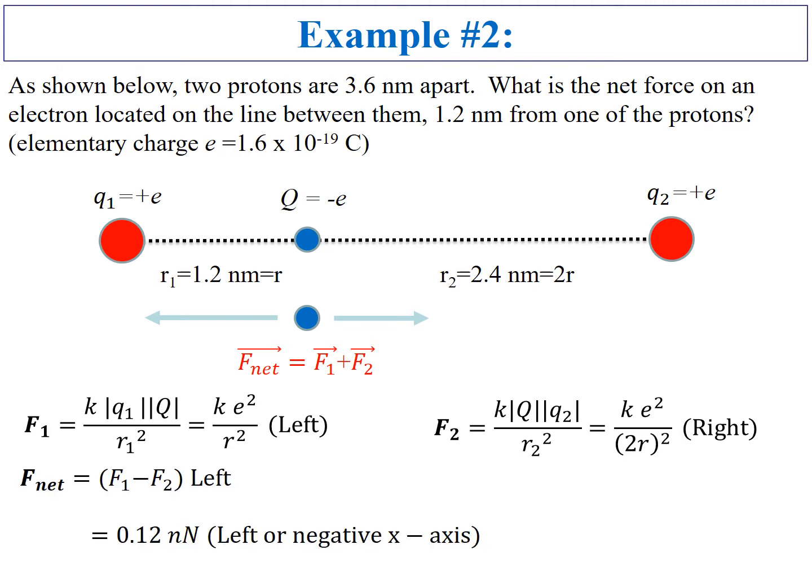And then if you plug in the numbers, you will get 0.12 nanonewton, 10 to the minus 9 newton, to the left or negative x-axis, because F1 will be greater than F2, so the net force will be to the left.